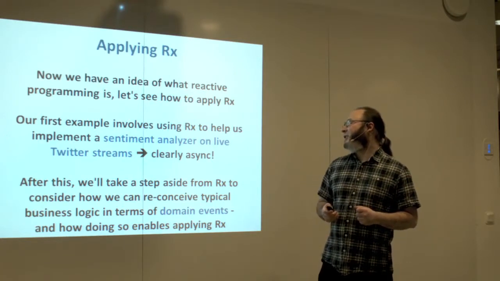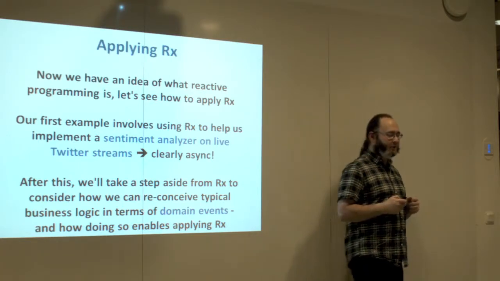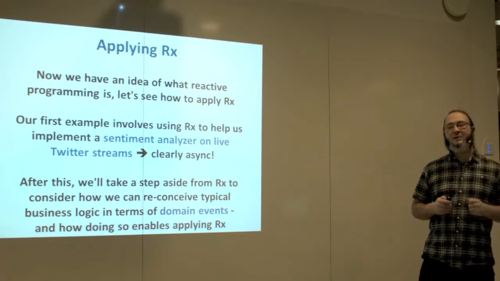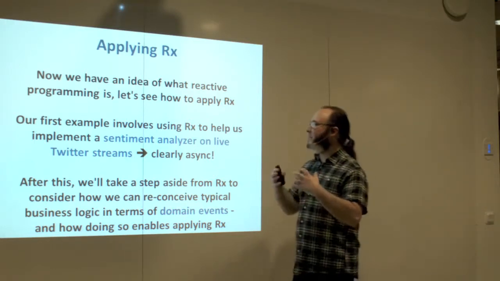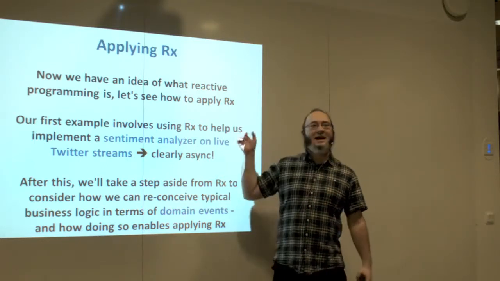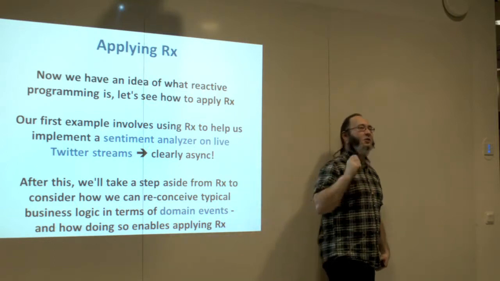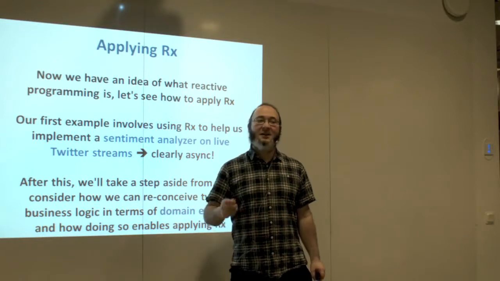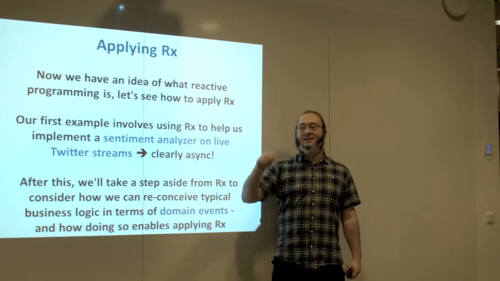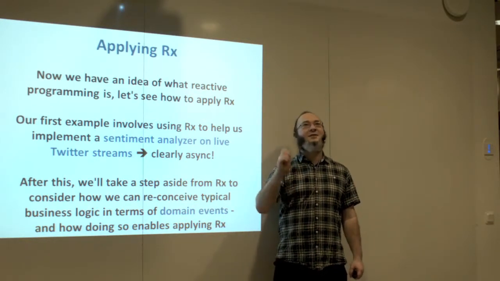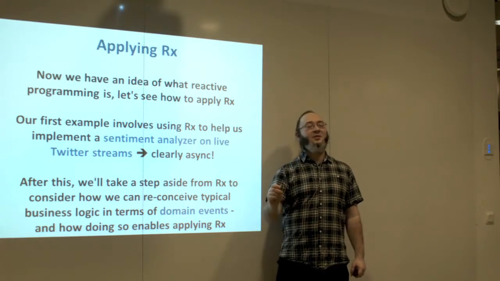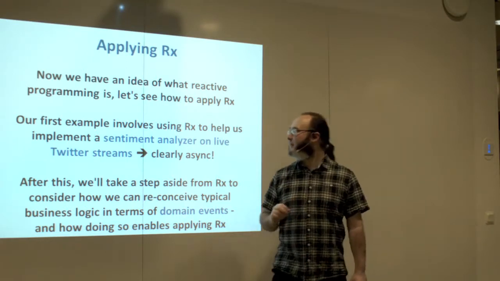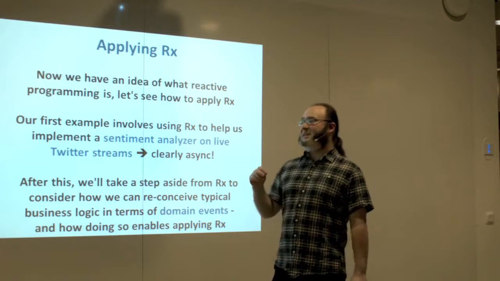So let's take a look at two scenarios where it could be interesting to apply Rx. The first one I'm going to talk about is a very naturally asynchronous or concurrent thing. We're going to go off to Twitter, and we're going to look at the live stream. This is a thing where Twitter throws at you every single tweet about a certain topic. There's quite a lot of them. And what we'll do is sentiment analysis.